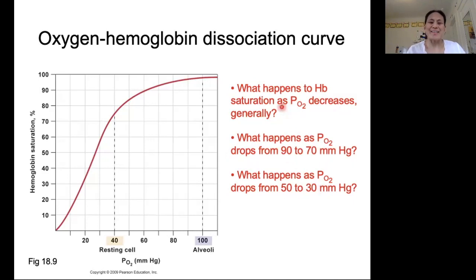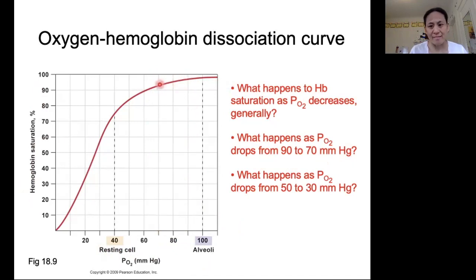Okay, so let's go over the answers to these questions. Hopefully you noticed, as we decrease PO2, as we go from higher to lower values in general, our hemoglobin saturation is going to fall. Hopefully that is not a surprise to you, okay? But now let's take a look at these specific values. As we go from 90, which is right here, to 70, which is right here, our hemoglobin saturation falls by a few percentage points, okay?